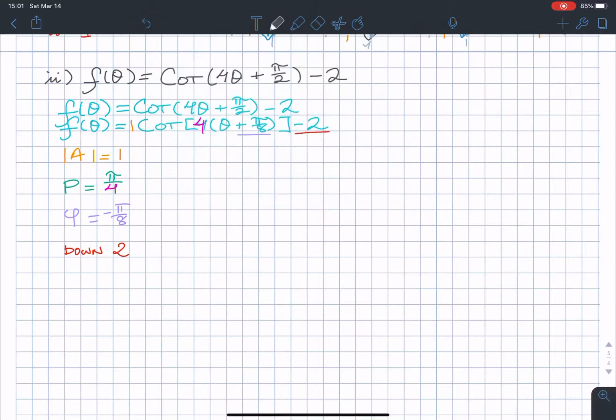Okay. So theta versus f of theta coordinate axes. So theta and f of theta. So we have 1, 2, 3, 4, and 1, 2, 3, 4.